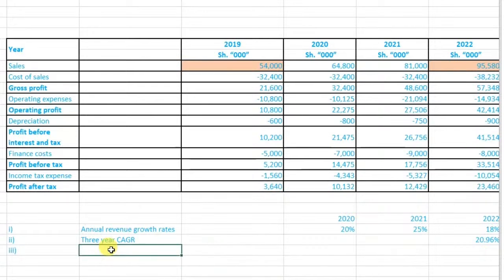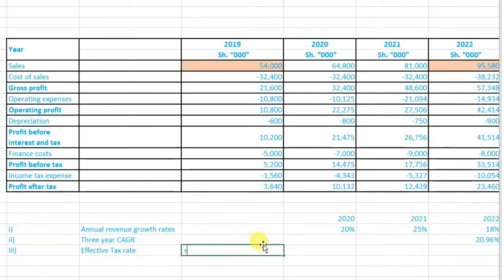So once we have that, we double click on that, and it will open up like that. So we want the effective tax rate. The effective tax rate, we will pick income tax expense, we divide it by the profit before tax. But now we can see that the income tax expense is a negative value, so we need to adjust for that. So how do we do it?